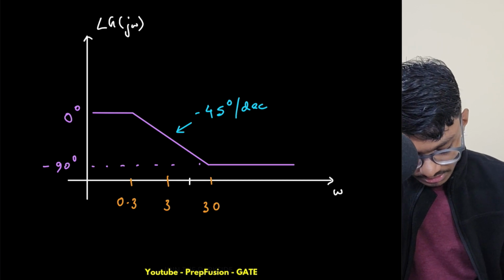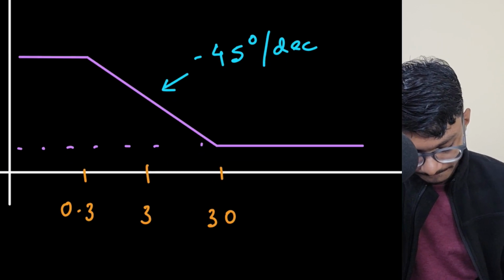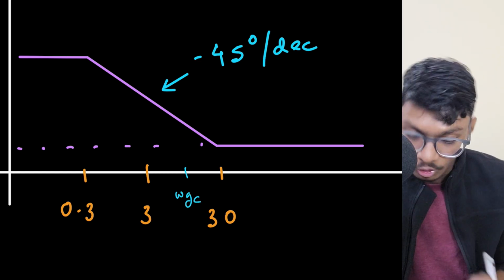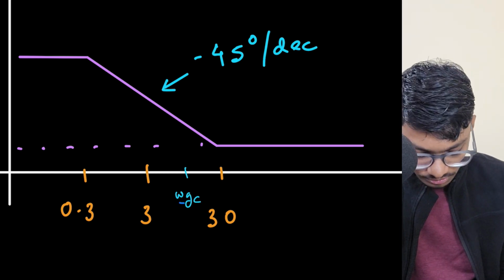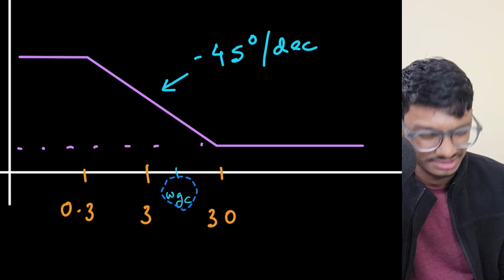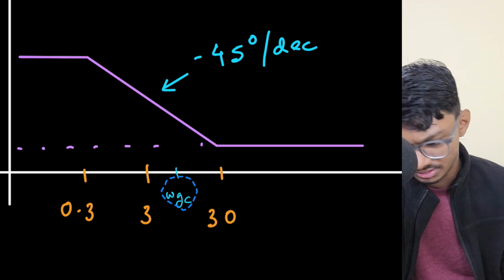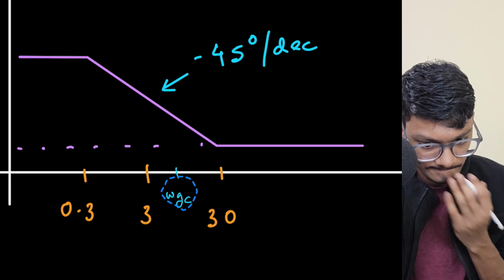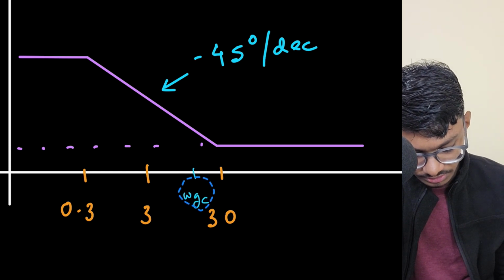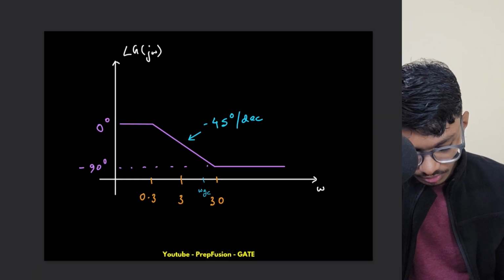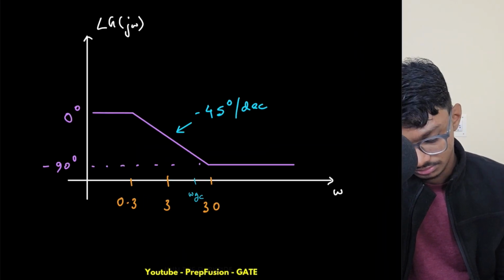So my omega gc is lying somewhere around here. It is 15, not exactly in between, because this will be nearer to this, or I don't even know the scale. Is it like 10 times this? It won't be half, I think it will be something like this. Yeah, so omega gc is here. Now can we find our phase margin?